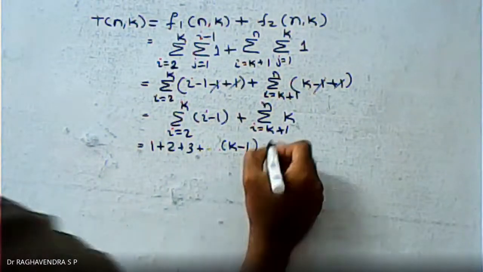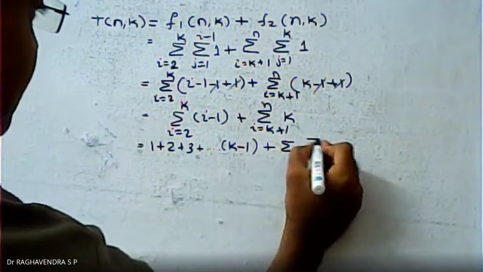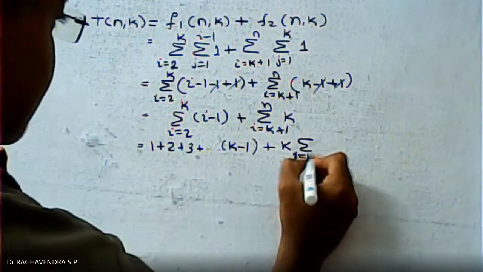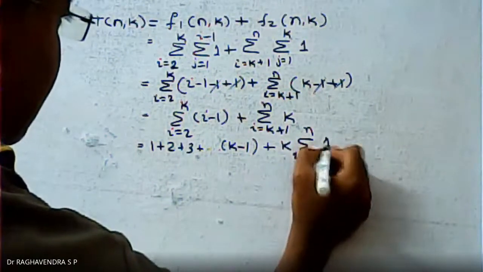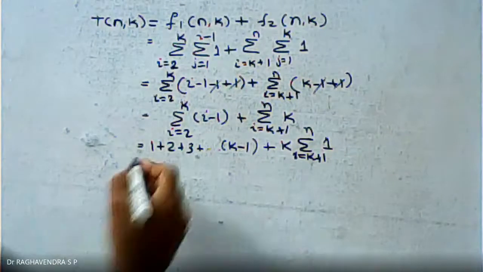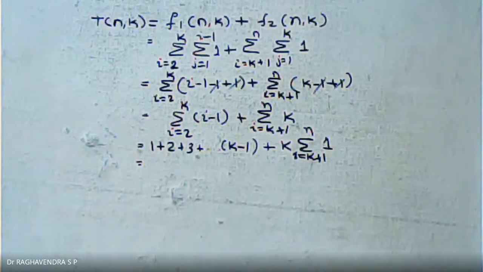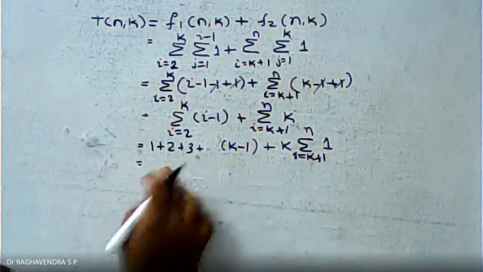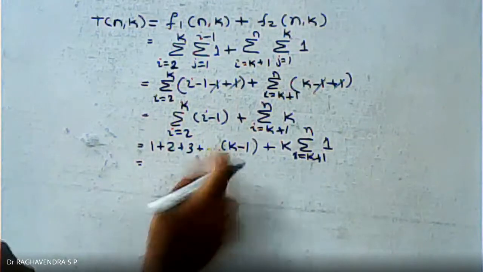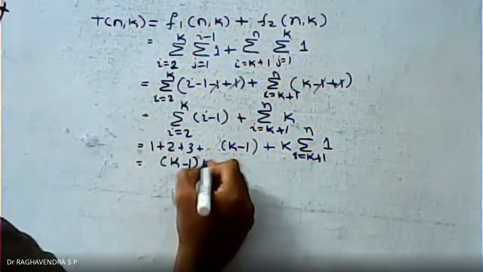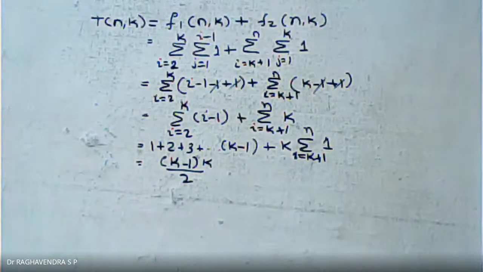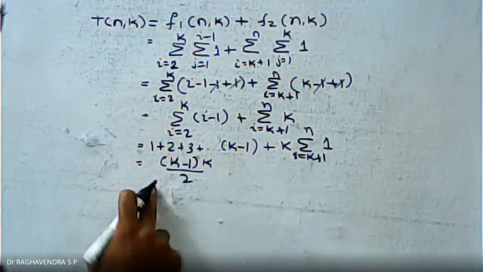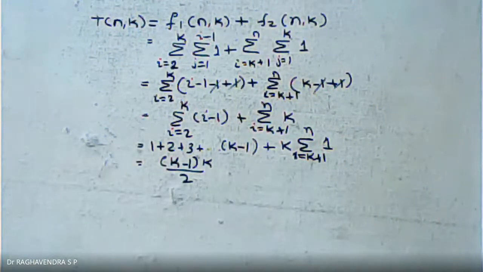Plus, if you take k outside, k times summation i equals k plus 1 to n of 1. The series is n into n minus 1 by 2, so in place of n we have k, that is k minus 1 into k by 2.